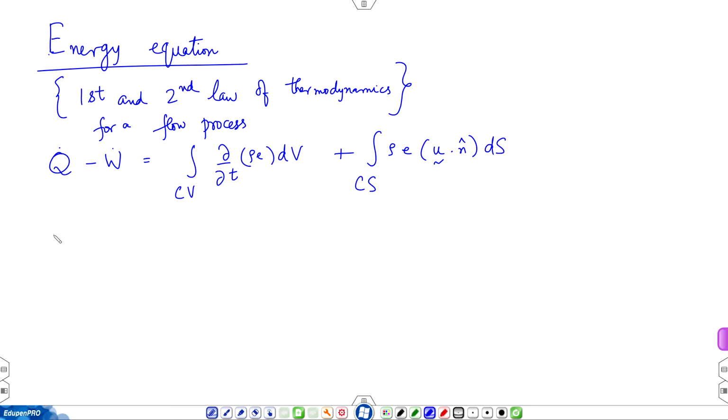So, we are going to assume now a very large number of problems are unsteady, but since we are just introducing the subject to the class, let us restrict attention to steady flow. Now, the original equation can deal with unsteadiness. The integral also can be evaluated as the average value of the integrand multiplied by volume.